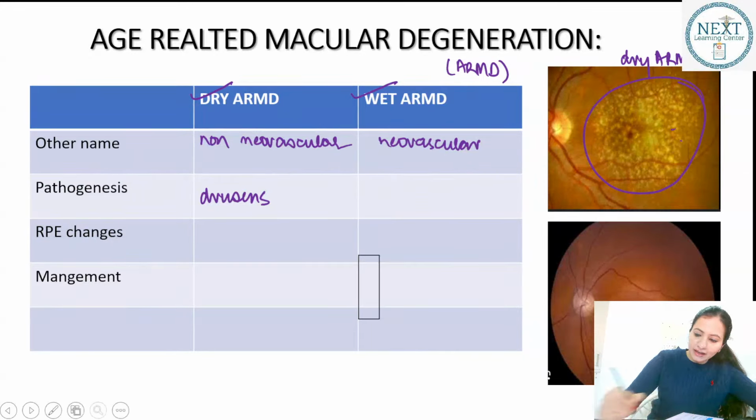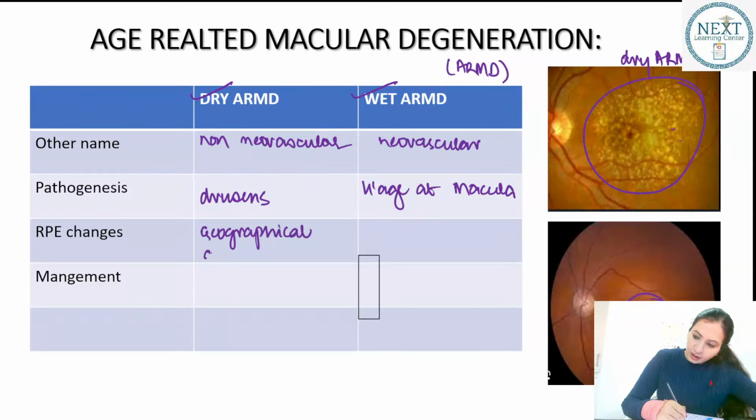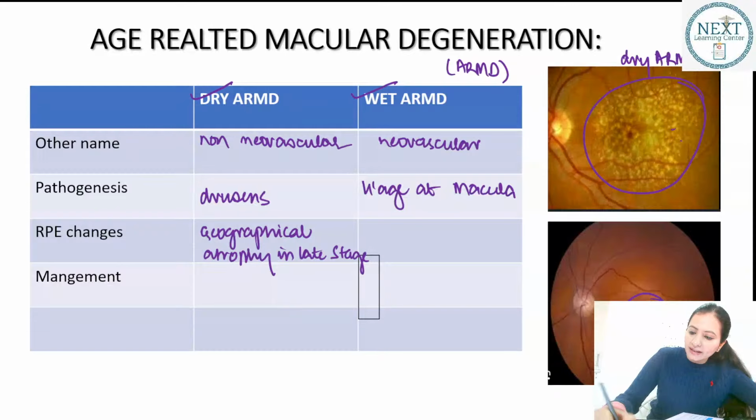If we say in wet ARMD, it involves hemorrhage at the macula. If we talk about RPE changes, it is characterized by geographical atrophy in late stage. If we talk about wet ARMD, it is characterized by neovascular membrane.